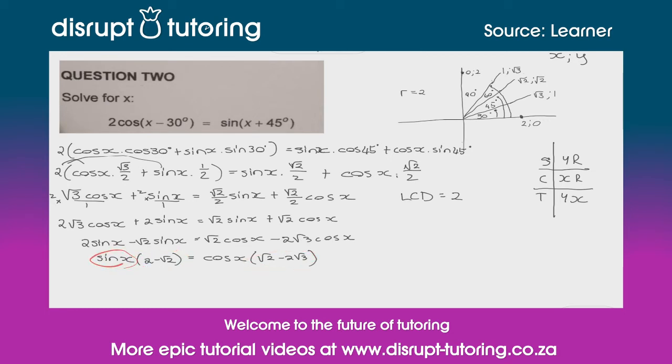Because I want to get the sin x by itself on this side, I'm going to divide by 2 minus root 2, and then I'll divide this side by 2 minus root 2 to leave me with sin x, which will be equal to cos x times, if we put that into our calculator, root 2 minus 2 root 3 over 2 minus root 2.